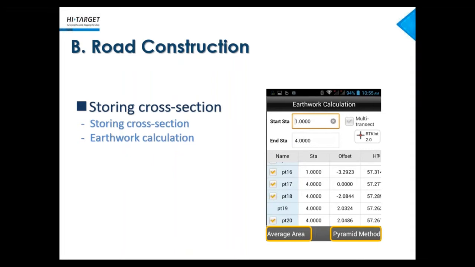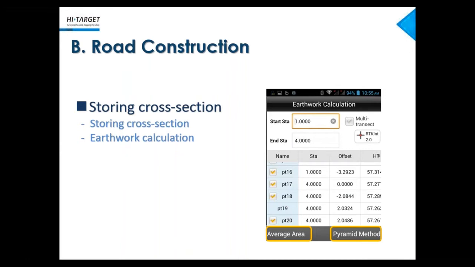And we have 2 methods here to calculate the earthwork. One is the average area. This kind of method has been widely used in China, and I think it may also be popular in your places. It's a popular method, very simple and easy, and you can get the result very fast. But the problem is that it is not quite accurate, so you need to consider that.